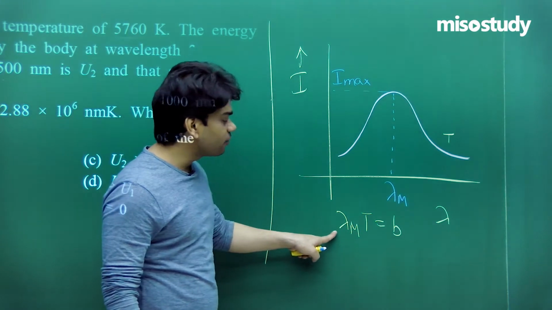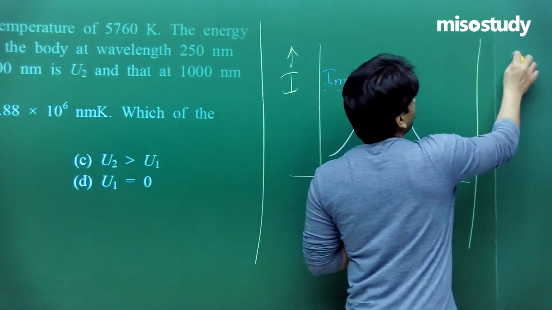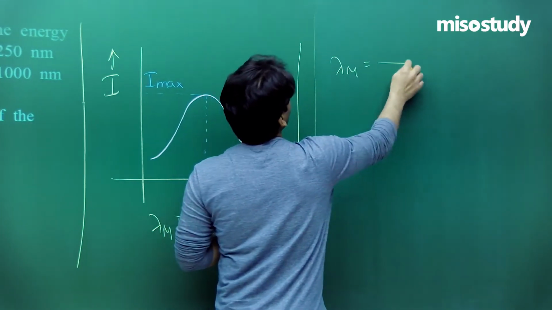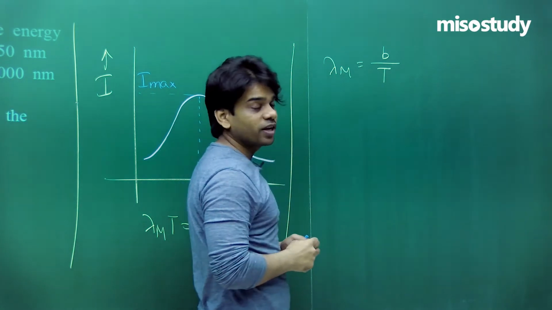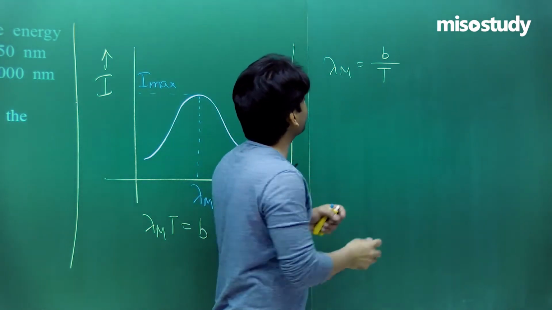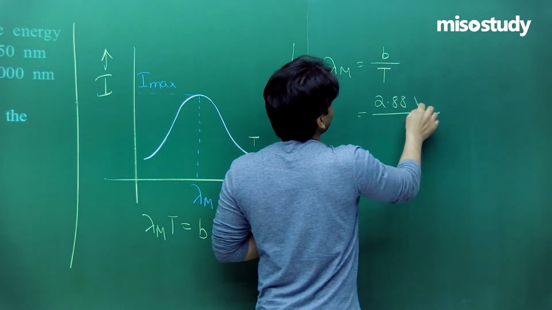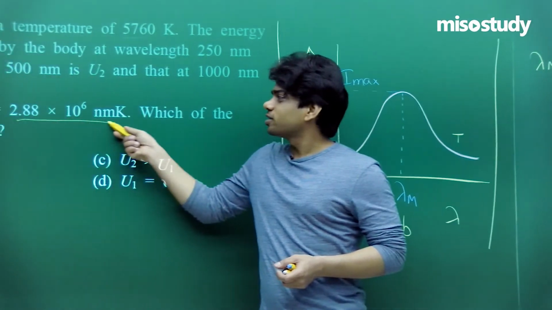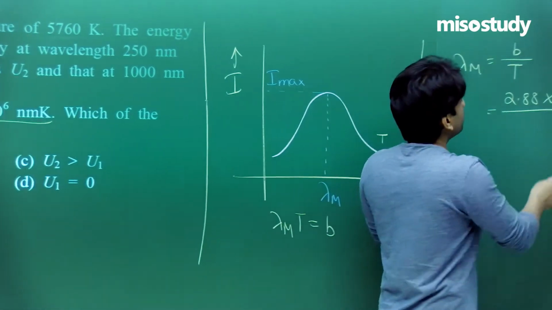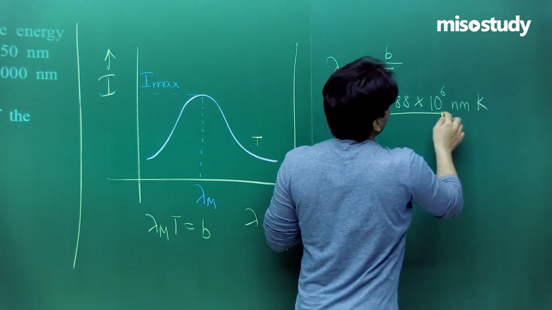Now from here, if we evaluate the lambda m value, lambda m will be equal to B by T. B value is given as 2.88 into 10 to the power 6 nanometer Kelvin.